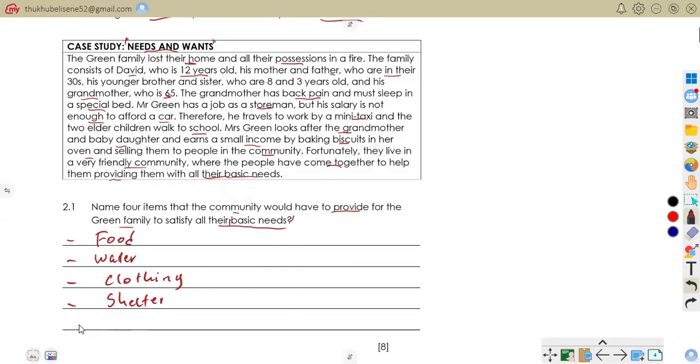And also we can talk about healthcare. We can talk of sanitation, we can talk about support or counseling. So those are the basic needs that you're talking about, those things needed to survive and stay healthy. So that is that.